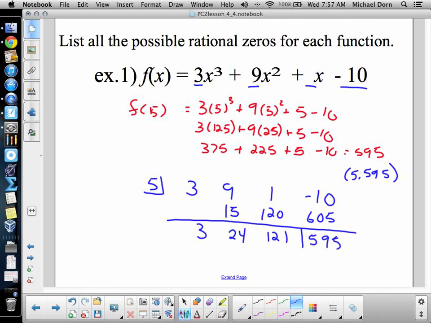And again, the process is pretty simple. This number comes down. We multiply and put the result there. Then we add to get this result, multiply again, put the result there, add, multiply, add. So the process is just multiplying and adding, multiplying and adding, multiplying and adding.